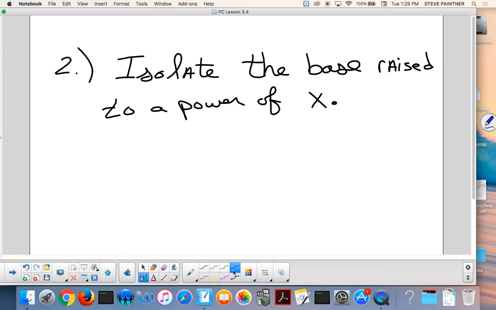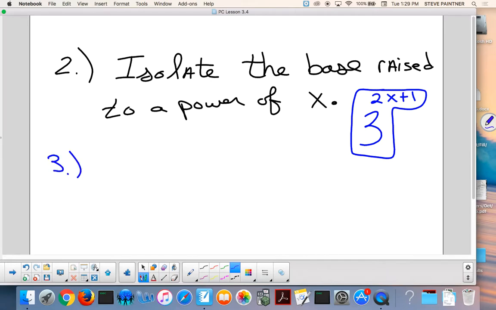What's an example of what I just said? Something like this. Get this all by itself right here. Isolate the base, and of course the base in an exponential problem is going to be raised to a power of x. In this case, 2x plus 1. So that's the first thing you'll do, and then the third thing, how do I solve for x?